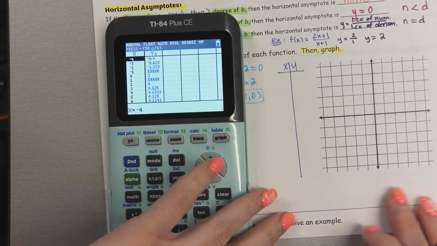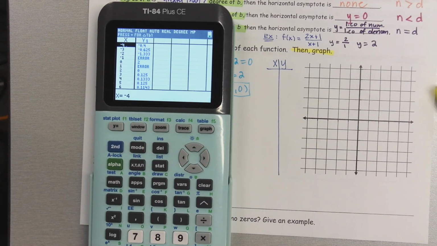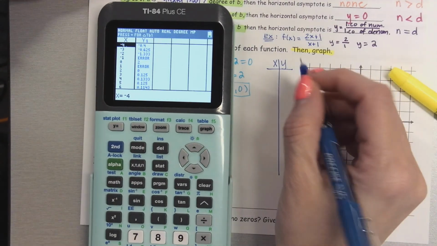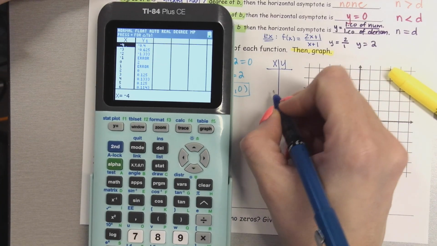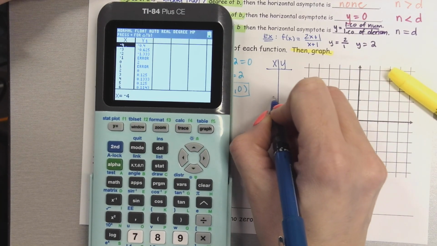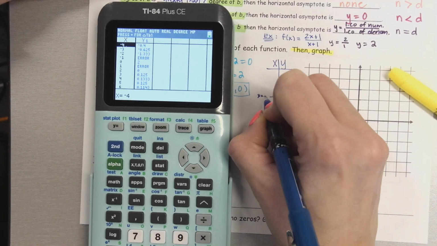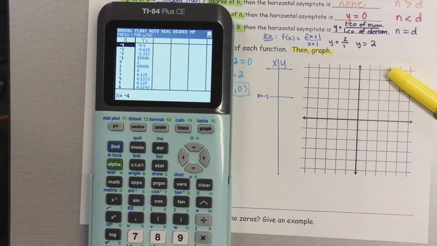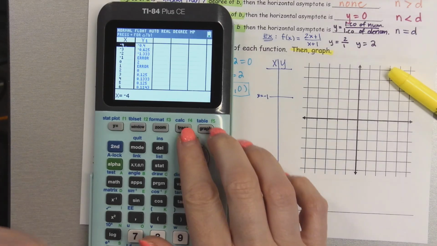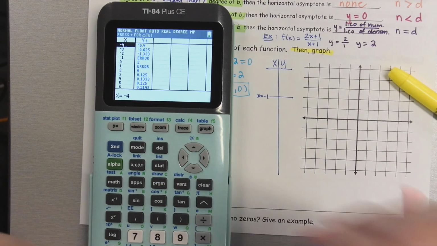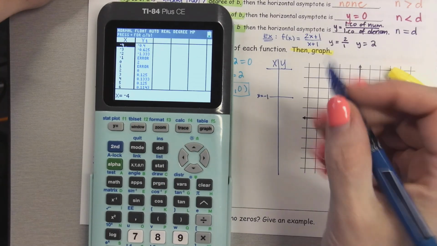Okay, so when you see error where the asymptotes are, that is a good sign. Okay, so when you have x equals -1, that's an error. That is your asymptote. So we're going to look at what's happening on that side.